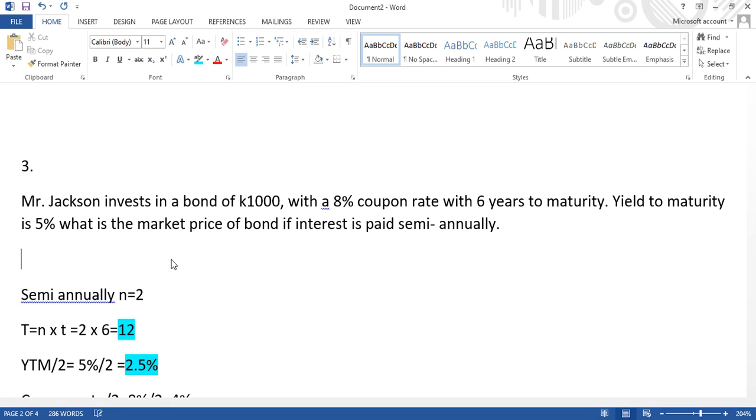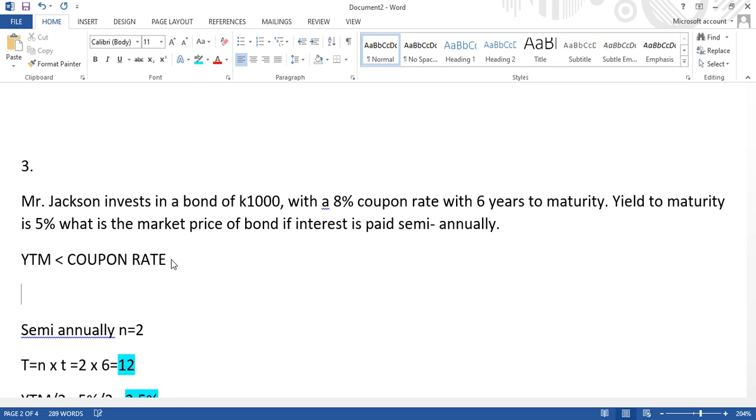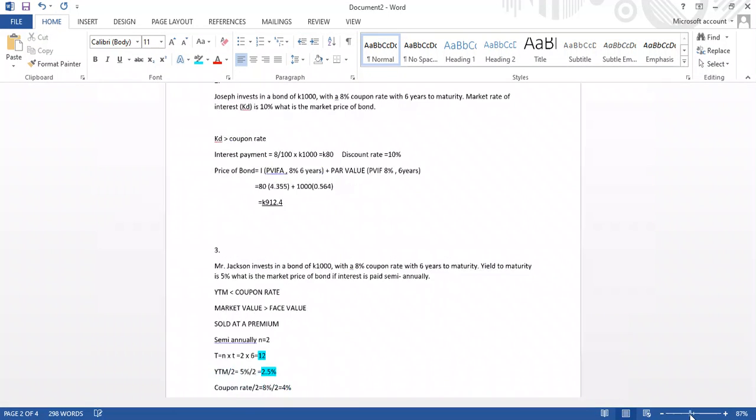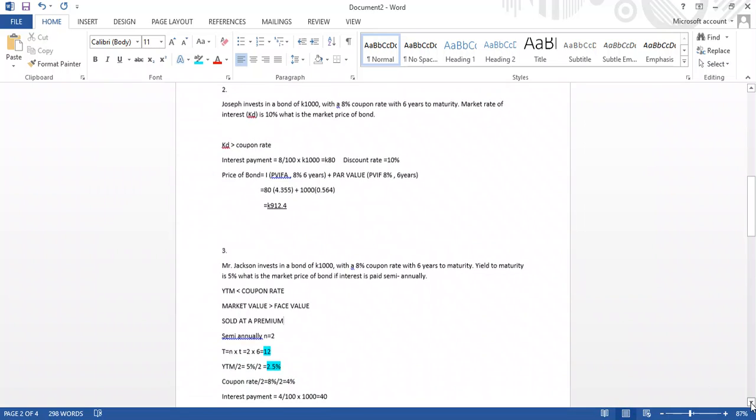Our yield to maturity is less than our coupon rate, right? And when our yield to maturity is less than our coupon rate, the market value is greater than the face value. So the bond is being sold at a premium.